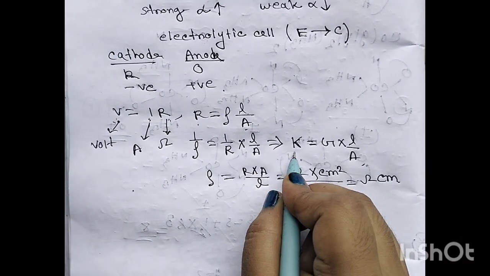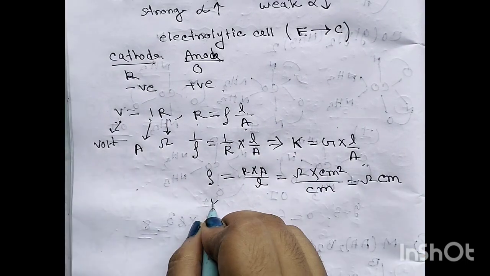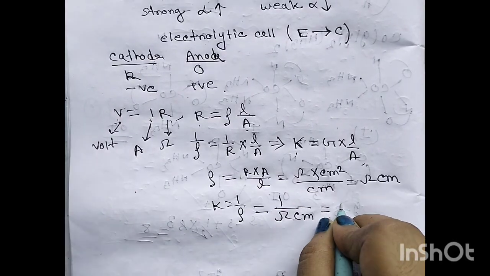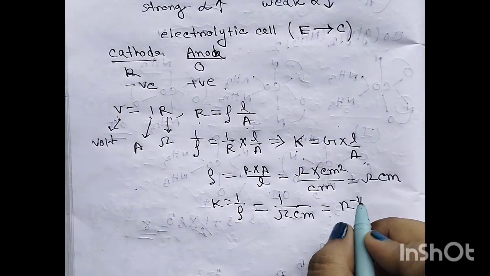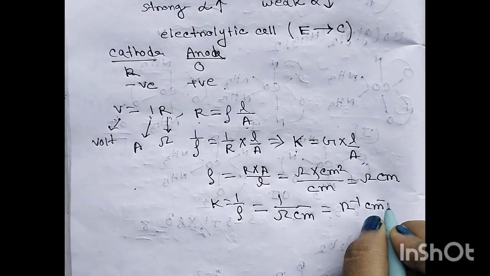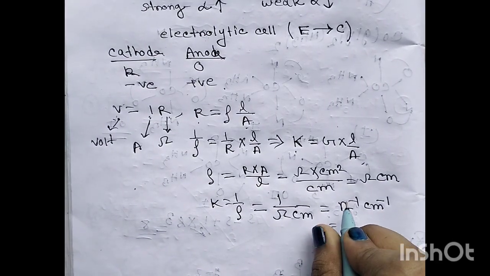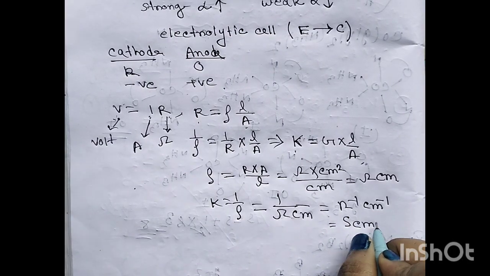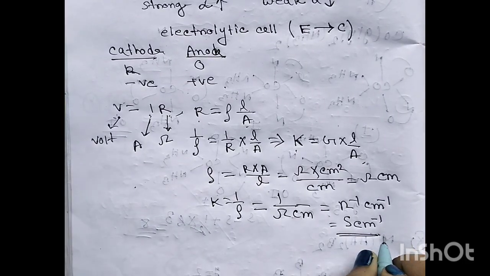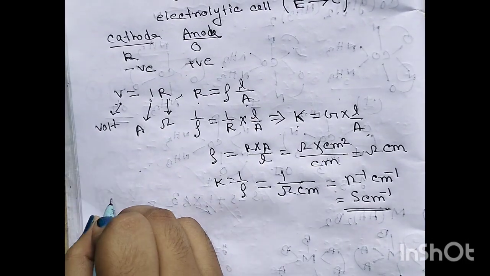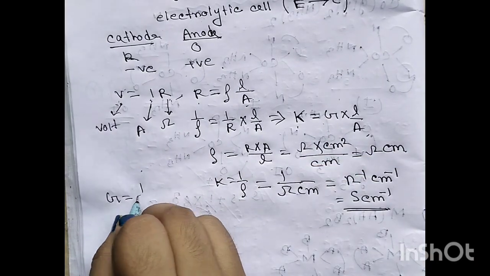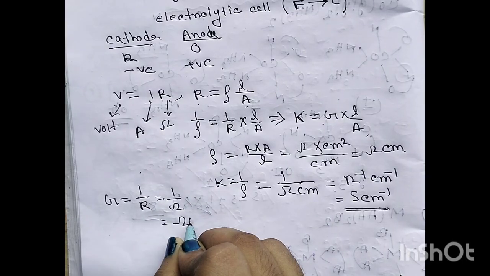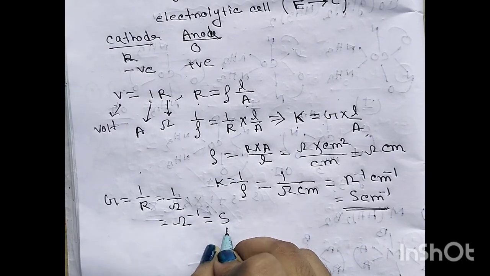And kappa, conductivity, equals 1 by rho, that means 1 by ohm cm, so ohm inverse cm inverse. Now ohm inverse is called Siemens, that is we can write S into cm to the power minus 1. Now G, conductance, equals 1 by R, 1 by ohm, equals ohm to the power minus 1 equals Siemens.